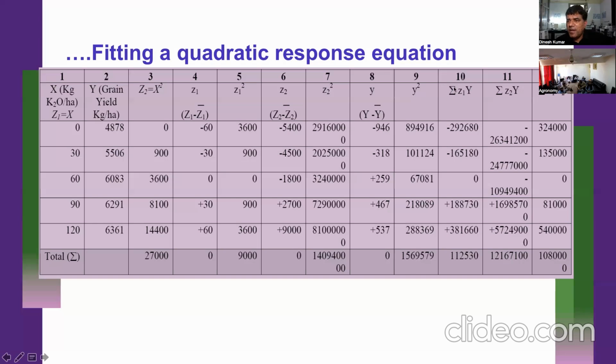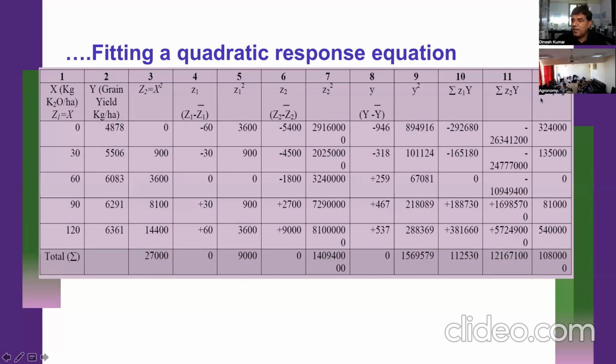And then column number 10 is summation z1Y. So here you get small z1, and this is your capital Y. You need to understand these symbols to calculate these terms. Next is summation small z2 capital Y. So z2 is your column number 6 and capital Y. Similarly z1, z2: this is small z1 and this is your small z2.